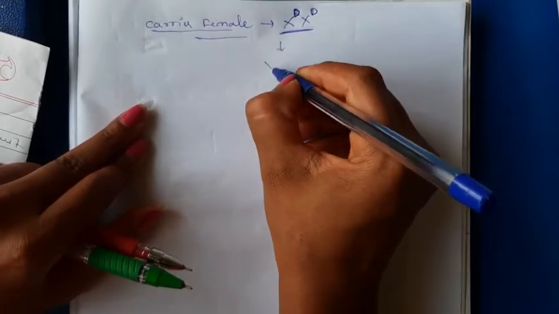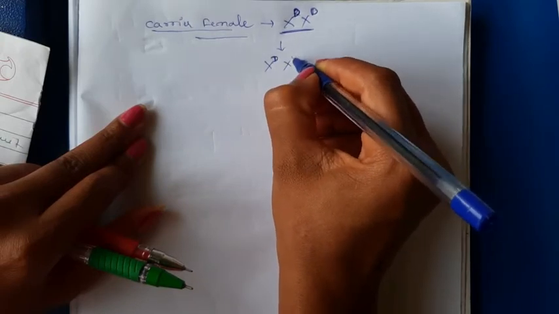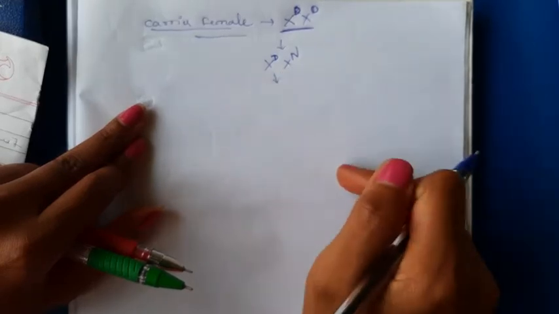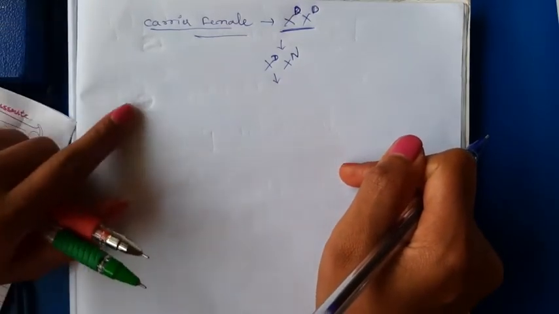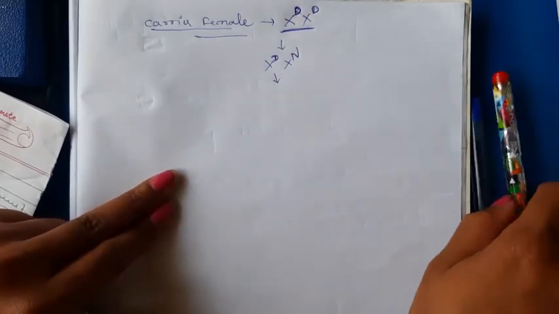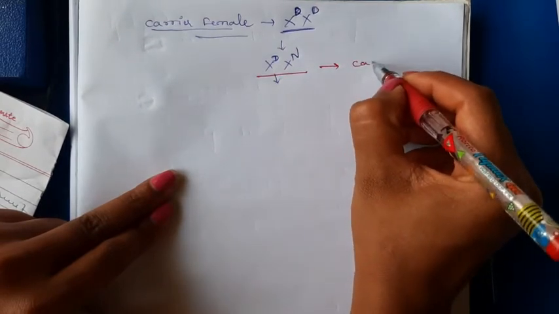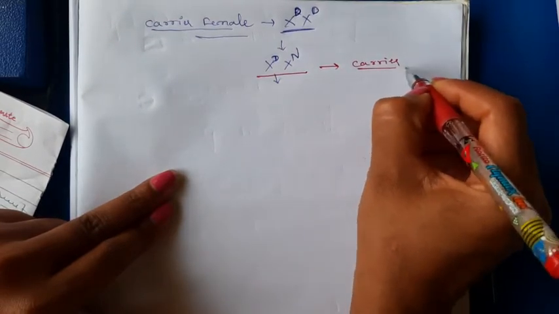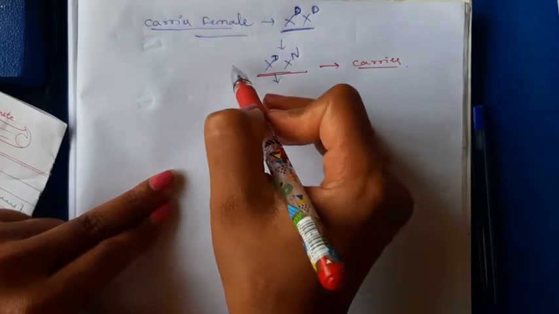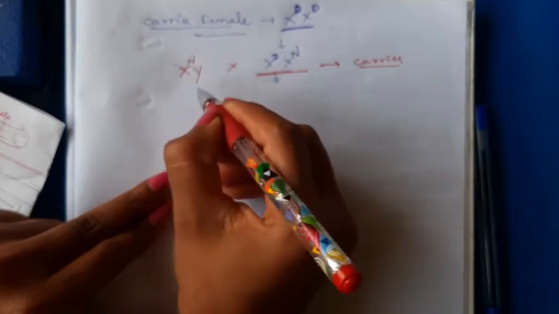If she has only one defective gene with one normal gene, it is not going to be expressed. The female with the heterozygous condition acts as a carrier.